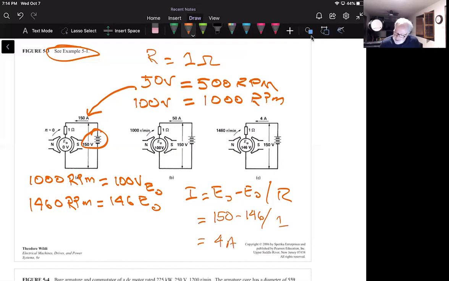So what we're seeing is, as the speed increased, the current went down until we reach a certain condition, and we'll talk about what that is a little later. He says that under these conditions, the armature current is only 4 amps, and the corresponding motor torque is much smaller than before. So remember, more current, more torque. Less current, less torque. Very important concept as we talk about motors. All right, this one drug out a little longer than I wanted to, but that is section 5.2.